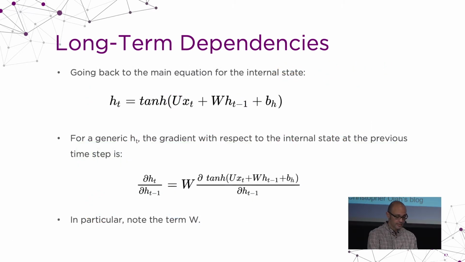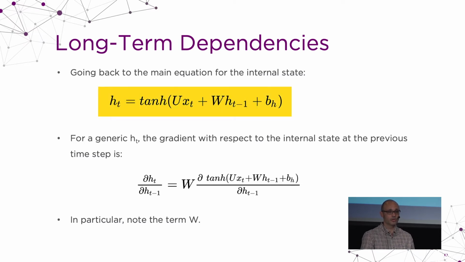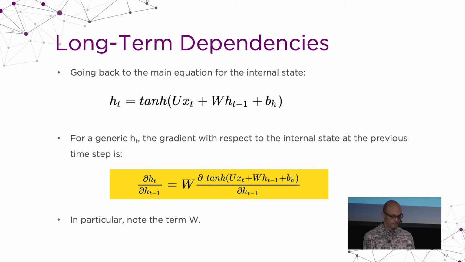And unfortunately, if we go back to the equation that governs the RNN, and we compute the derivative, I will not go into details, and actually I didn't even compute this part of the derivative. I just want to show that if I compute the derivative of one internal state with respect to the previous one, there is this W here that is multiplying, well, this part here that I didn't solve, because it's not so important for this intuition.